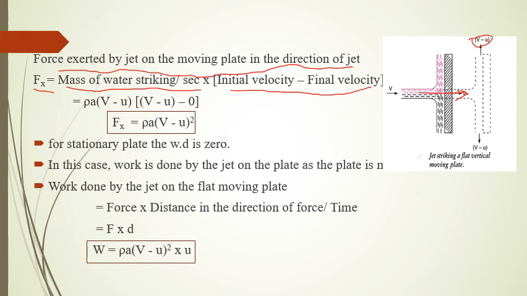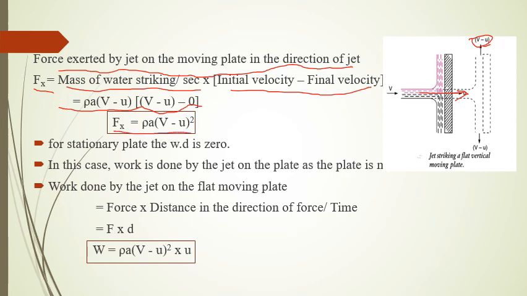Initial velocity is v minus u and final velocity is 0. So substituting, we get Fx equal to rho a into v minus u into v minus u minus 0.